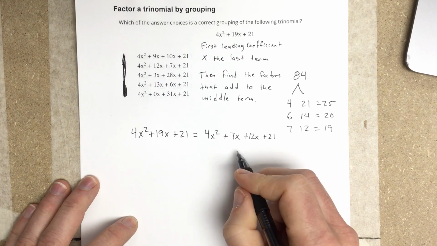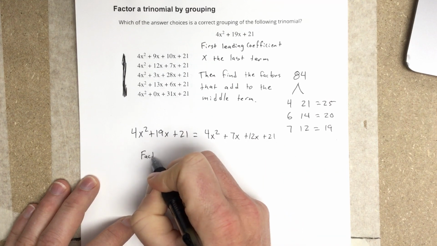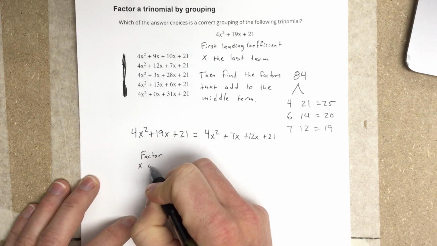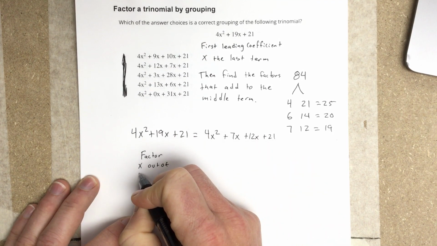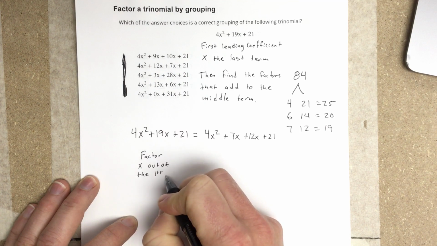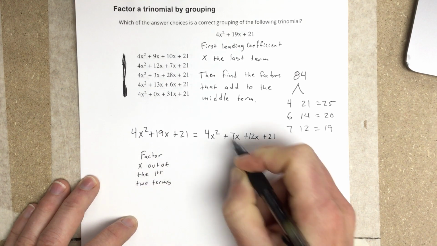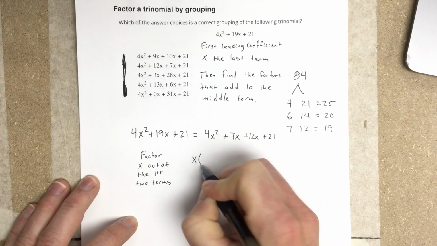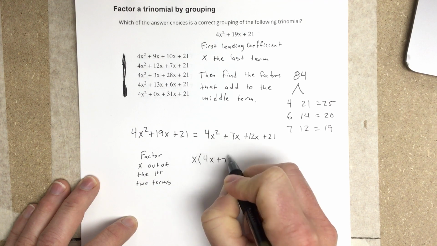Now here's where the grouping part comes. I'm going to factor x out of the first two terms. When I do that, I get x, and that leaves you with 4x plus 7.